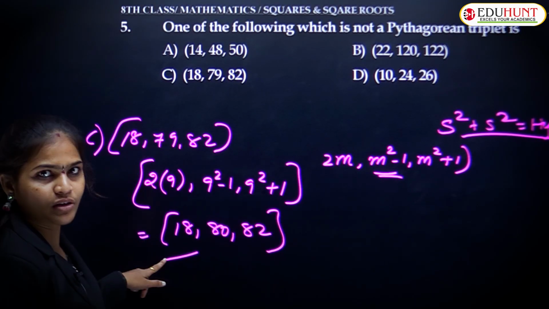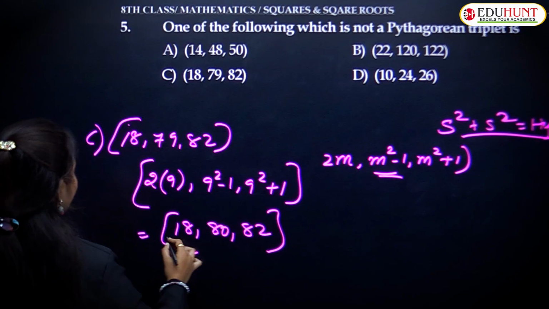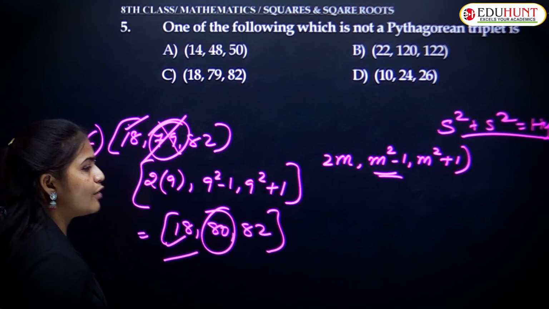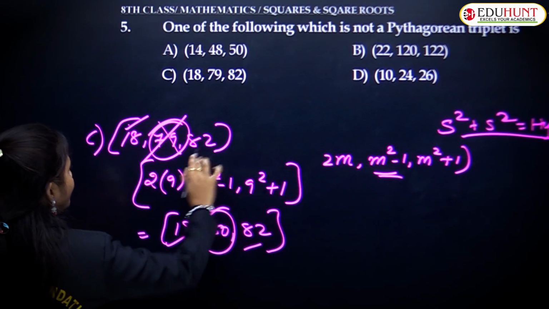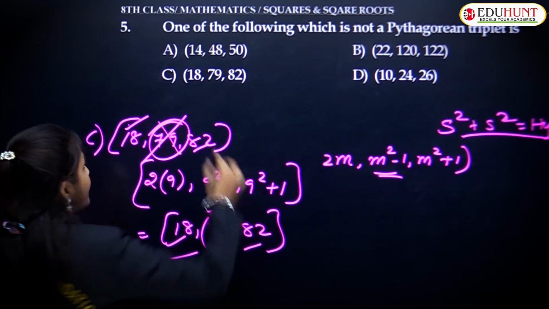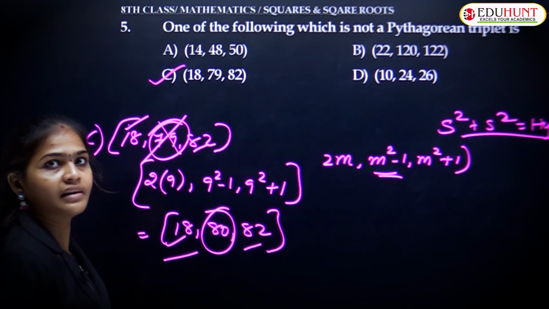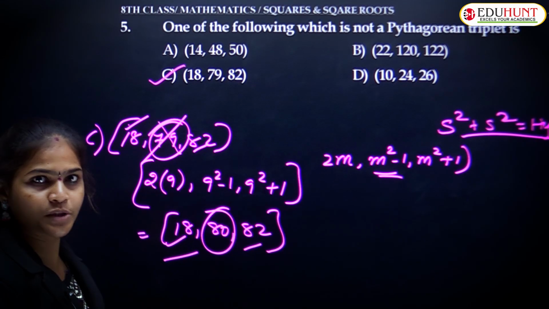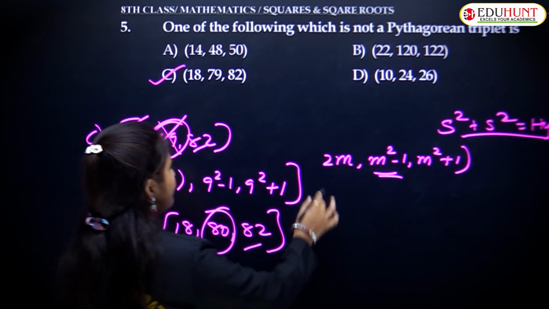Actually this is a Pythagorean triplet, but here what they given? 18, 79, 82. Here 79 is given, here 80 should be. So this is the wrong one. That is not a Pythagorean triplet. Still one more option is there, no? So check that option also.